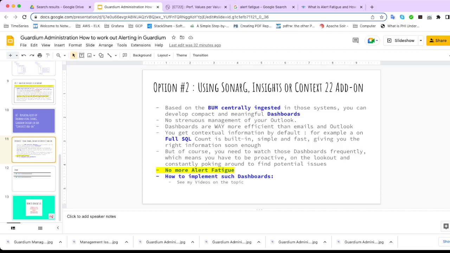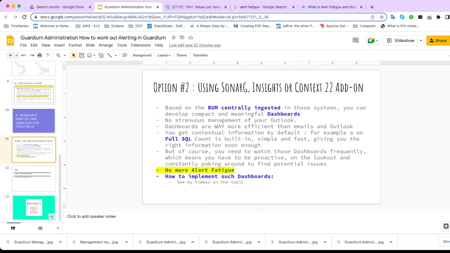And here you can develop meaningful dashboards which are going to give you the equivalent of an alert, and also the context. I'm going to show you. So you don't have a strenuous management of your Outlook. Dashboards are actually way more efficient than email and Outlook as a tool for managing alerts, and you get contextual information by default.